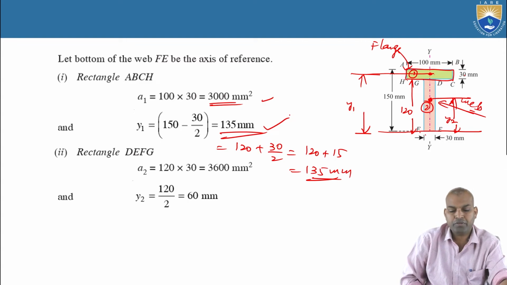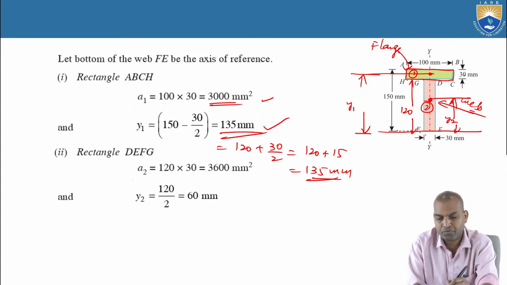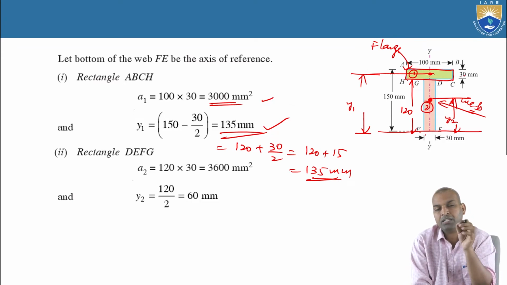Y1 equals 150 minus 30 by 2; Y1 is the vertical distance of the centroid of a particular section to the reference axis.